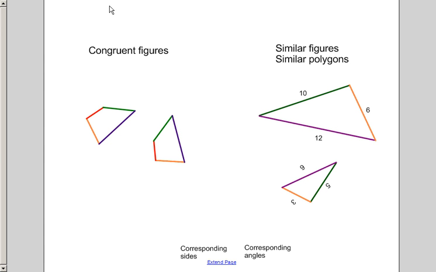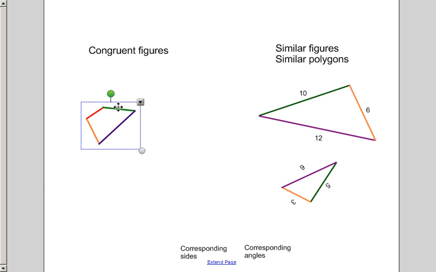Here's a little bit of an interactive vocab page. First of all, for congruent figures, what exactly are congruent figures? They are figures or polygons that have the same shape and size. At first glance, they might not look like they have the same shape and size, but we can flip or rotate or do whatever we need to get a better look.